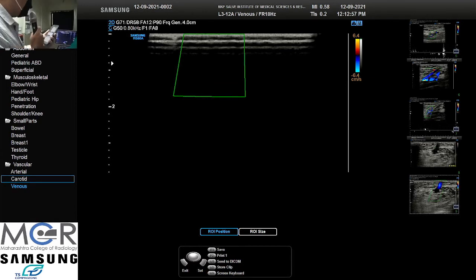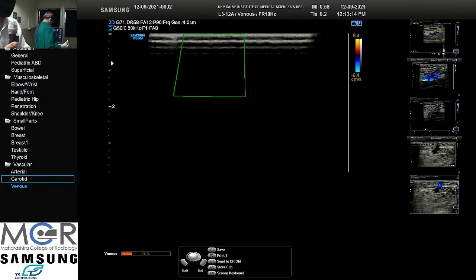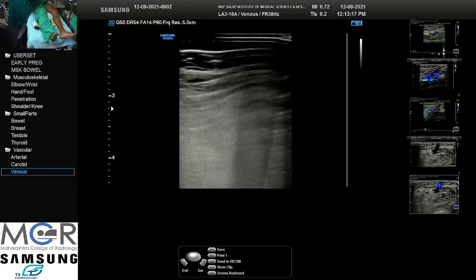If your needle is in the sheath, then automatically it will spread on both sides, so you need not inject separately superficial or deep to the vein. One more thing, after the procedure we have to demonstrate the deep veins, whether they are normal or not. So I'll just check the deep veins.